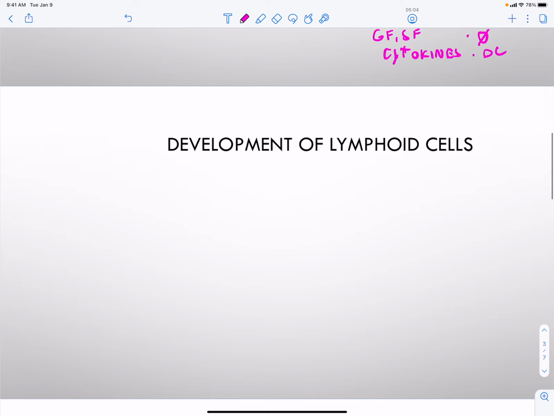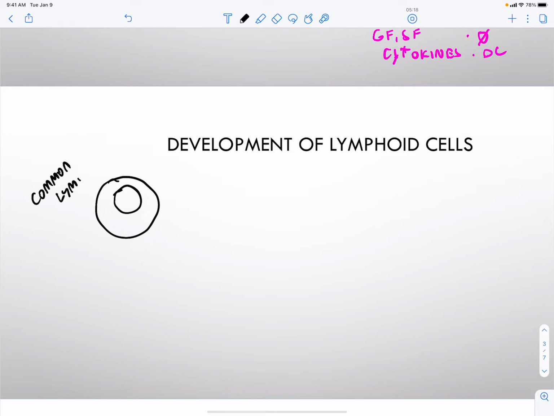So let's first just discuss the development of our lymphocytes. So we have our common lymphoid progenitor cell. And this will get some sort of signal.